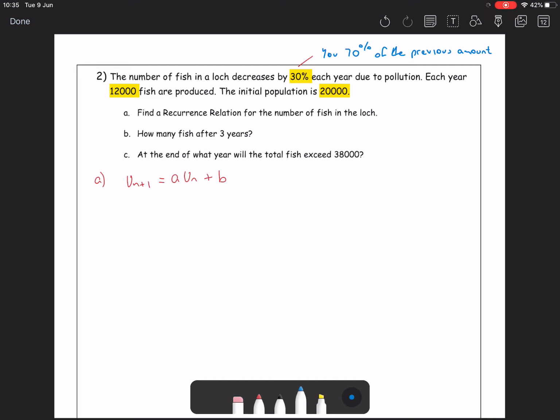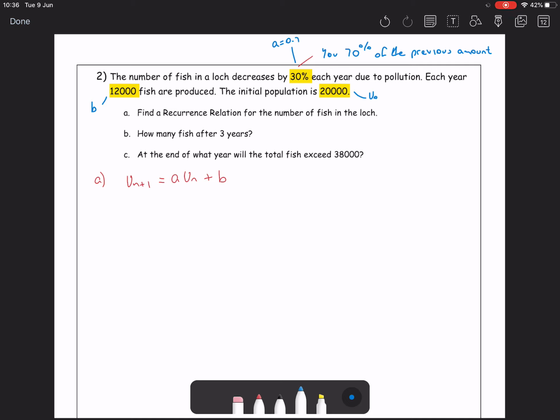That means that 70% or 0.7 is what's going to be included. The initial population is what you start with. And if each year 12,000 fish are produced, 12,000 fish are added to the previous year's amount. So that there is your b value. From that, I can say that a is equal to 0.7.